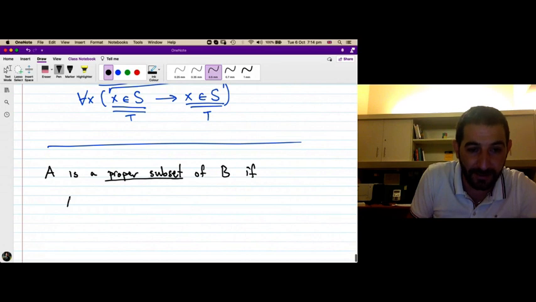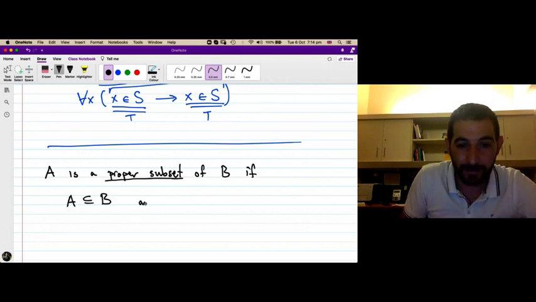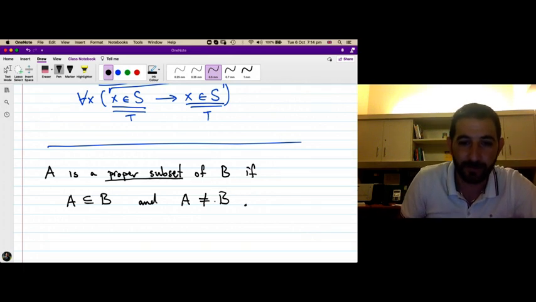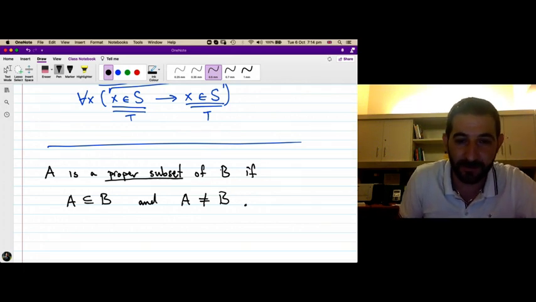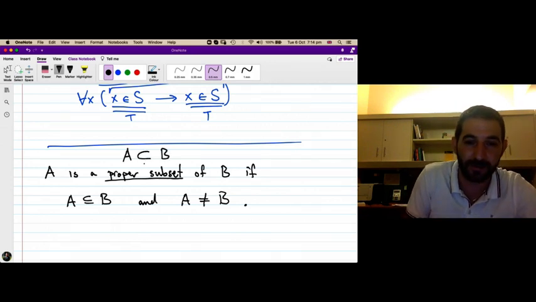First, A is a subset of B, which means that every element of A is also an element of B, and A is not the whole of B. So A is not equal to B. When A is a proper subset of B, we write A, this symbol, B, without the equality horizontal bar.